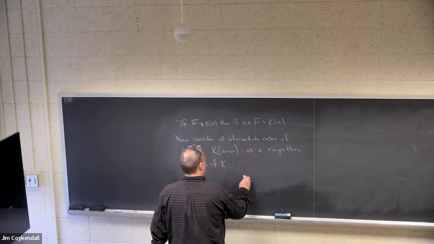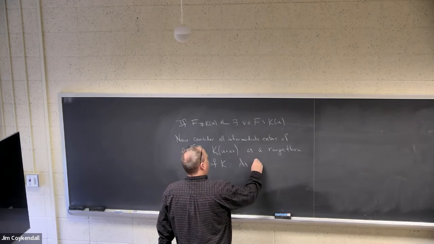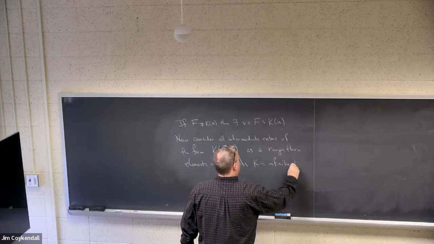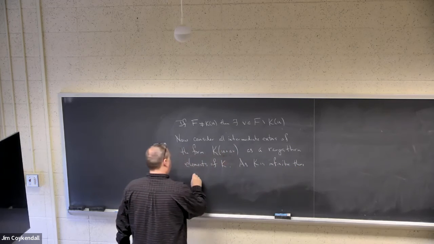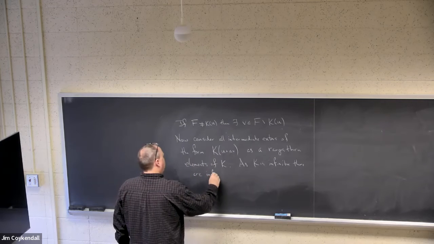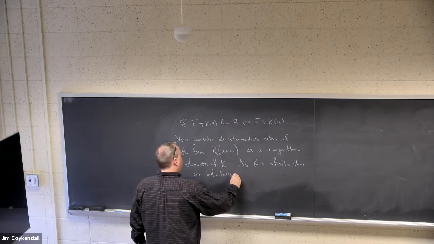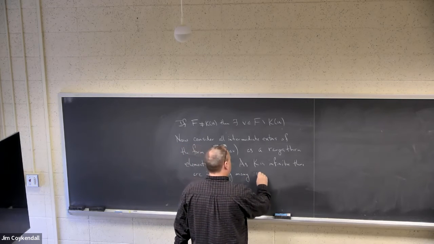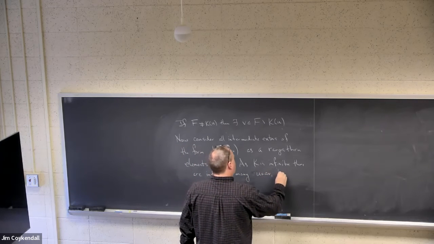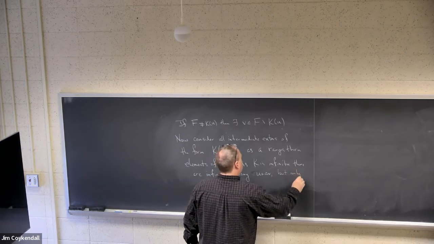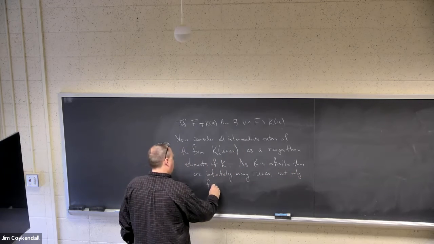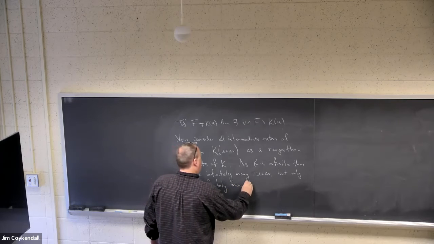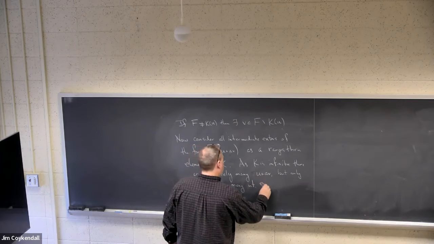So as K is infinite, there are infinitely many u plus av, but only finitely many intermediate extensions.